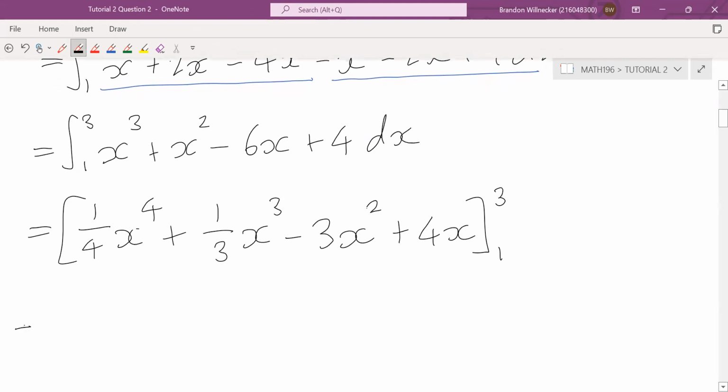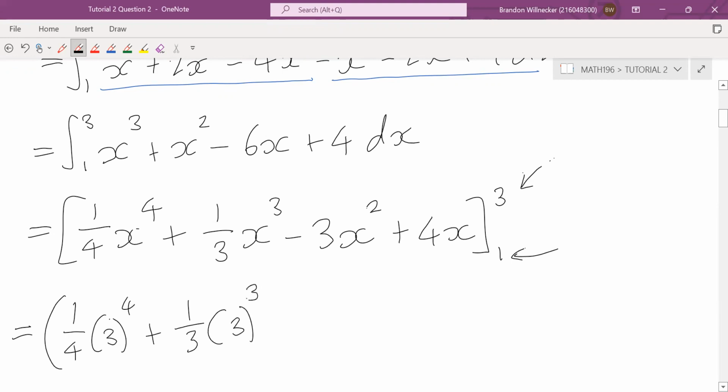So now we take our antiderivative, we evaluate it at 3, and then we subtract the antiderivative evaluated at 1. So we're going to get 1/4 3 to the 4 plus 1/3 3 cubed minus 3 times 3 squared plus 4 times 3. So that is the antiderivative evaluated at the upper bound.